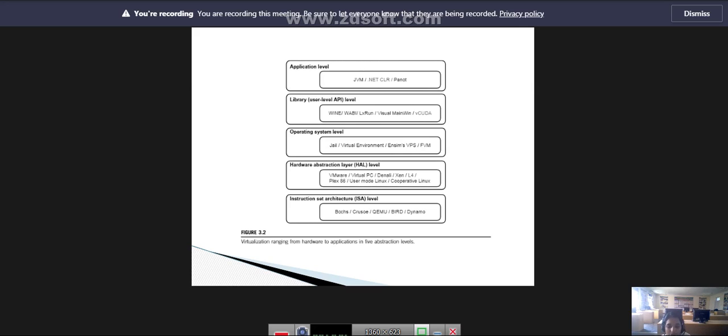Next, the application level. We can say it is the user application level. On top of an operating system, an application runs as a process. Application level virtualization is also known as process level virtualization. The most popular approach is deploying high level language virtual machines.